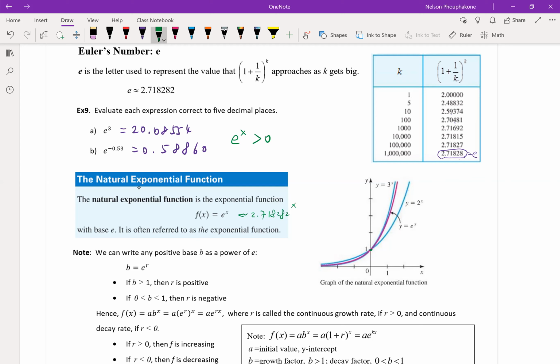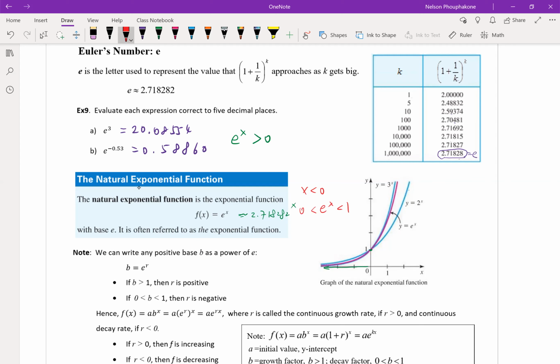Okay. Now, look at this graph right here. Do you see that when x is less than 0, what happened to e to the x? e to the x is always in between 0 and 1.